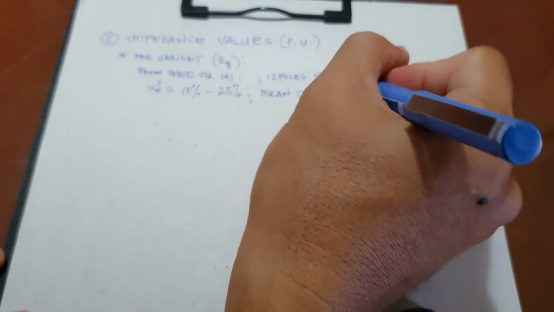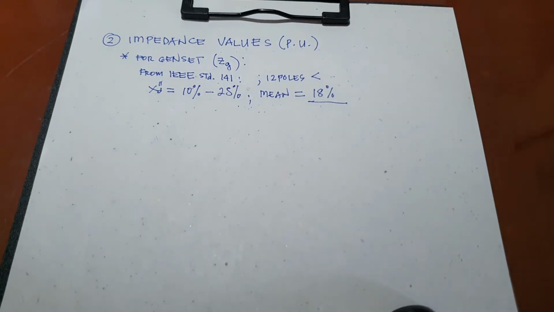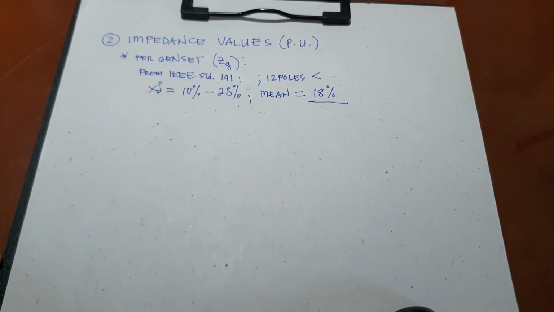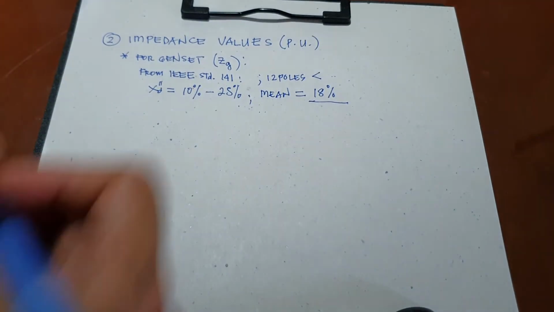So we are going to use the 18%. Then since this value is based on the rating of the generator, the formula for the impedance is as follows.